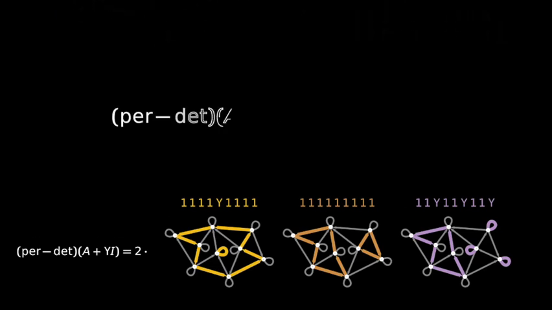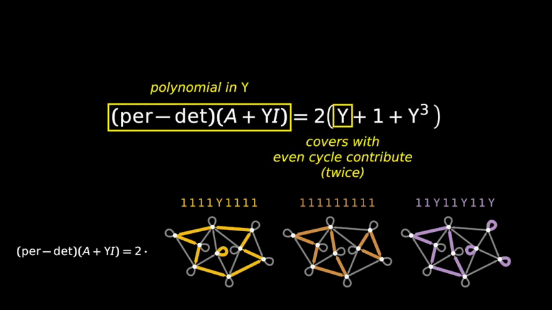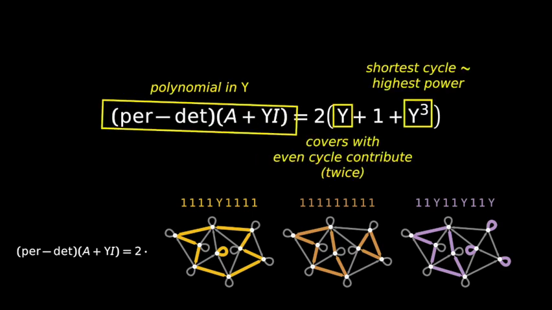And that cover contributes a whopping y cubed term. So our per minus det function applied to the matrix A plus yI is a polynomial in y, all coefficients are even, and the highest order term corresponds to a shortest even cycle. We have arrived at an algebraic characterization of the shortest even cycle problem.